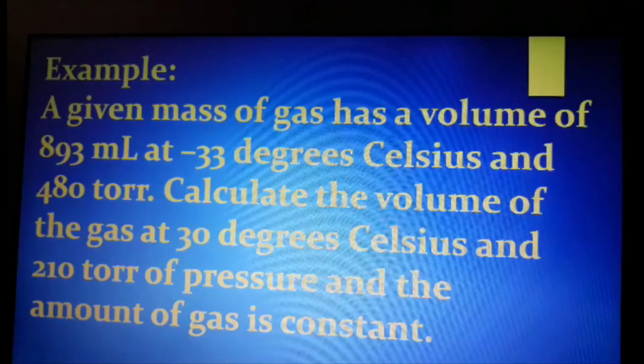We are going to calculate the volume. Let us see the given. We have V1, which is 893 milliliters. We are looking for V2. T1 is negative 33 degrees Celsius. P1 is 480 torr. T2 is 30 degrees Celsius. And P2 is 210 torr. That is the problem we're going to solve.